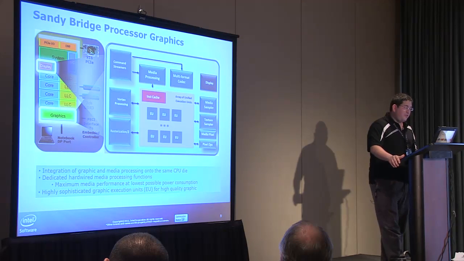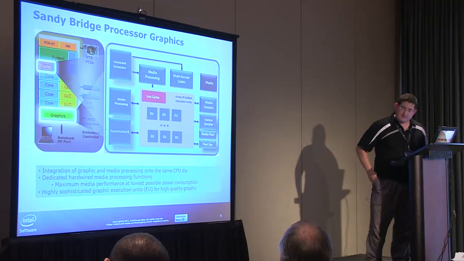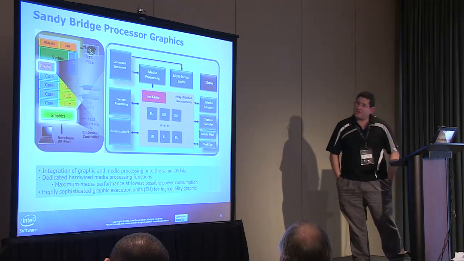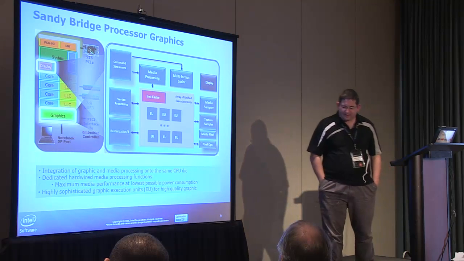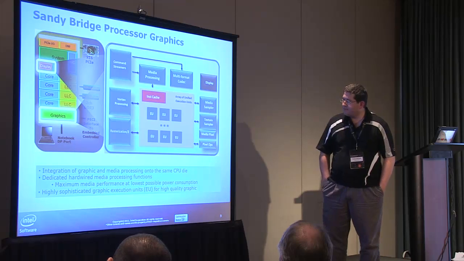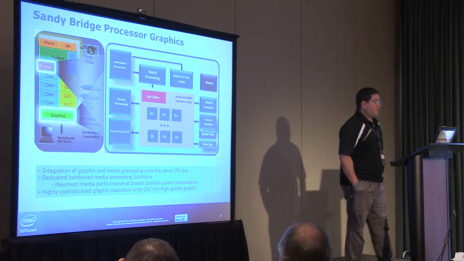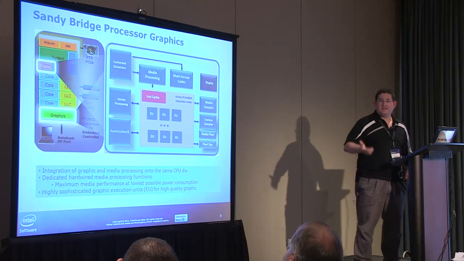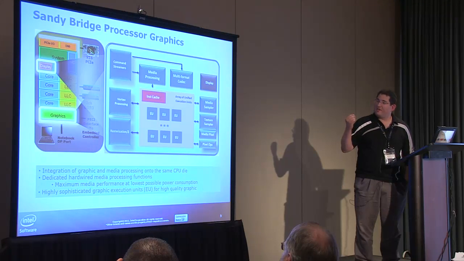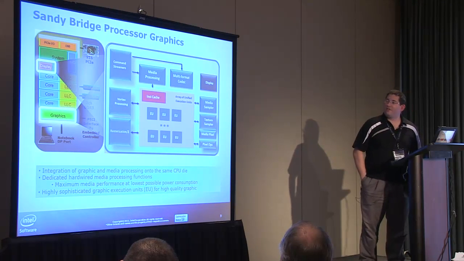So the graphics unit, again, is built directly into the chip. Here's the diagram of that. Sandy Bridge supports up to DirectX 10.1 directly within the CPU. However, the media encoding engine, which actually plays back H.264 video, which plays back your HD TVs, your Blu-ray DVDs, isn't run on the graphics processing unit.